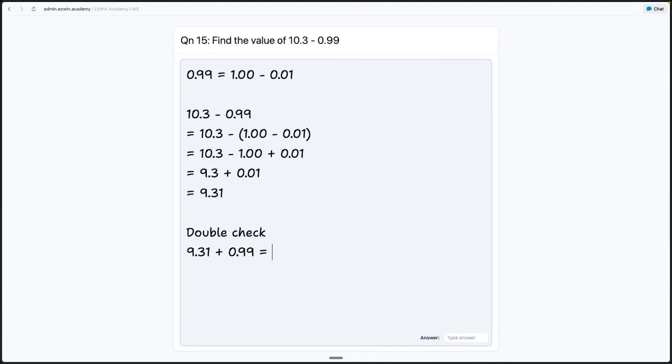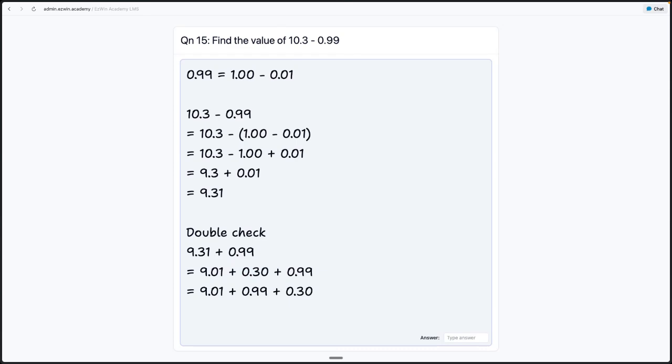So in a way, 9.01 plus 0.30 plus 0.99. Then after that you can just swap the places around. So the 9.0 is like this, then plus 0.99 is like this, and then 0.30 is like this.